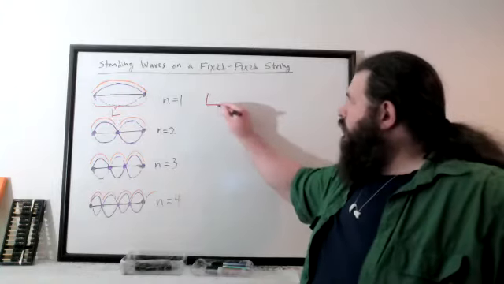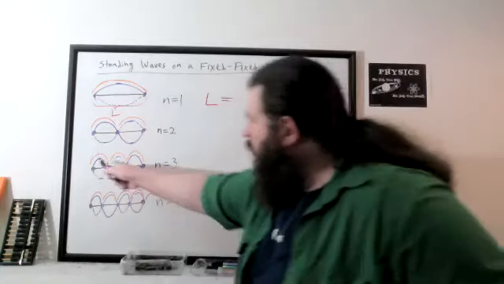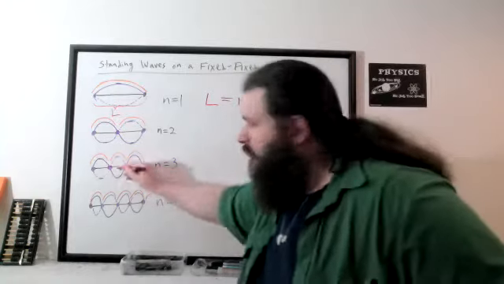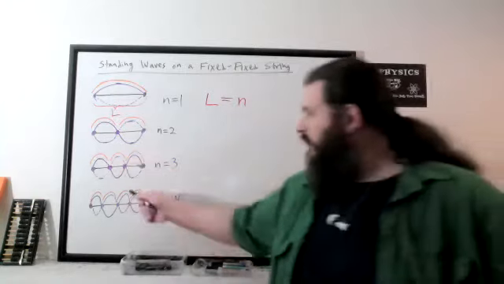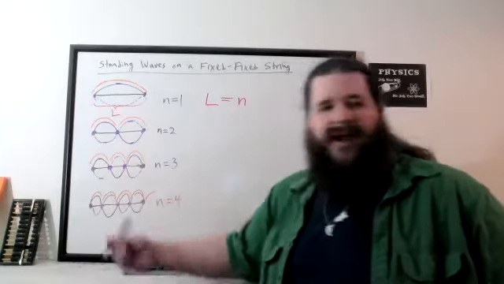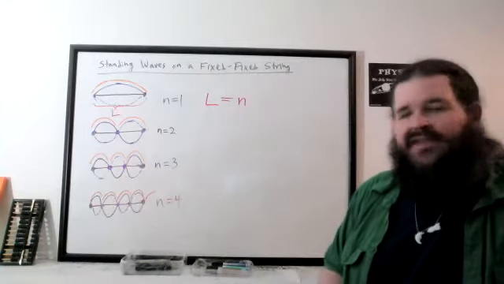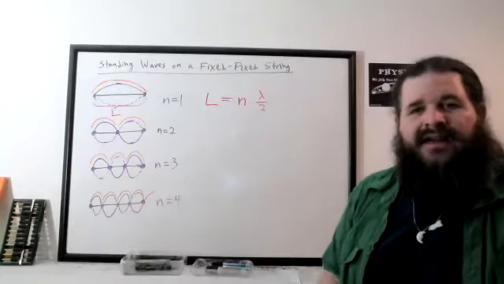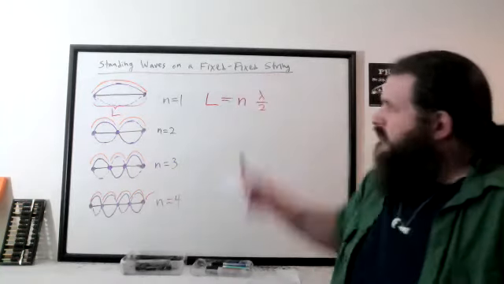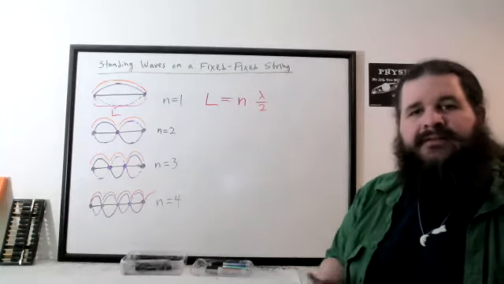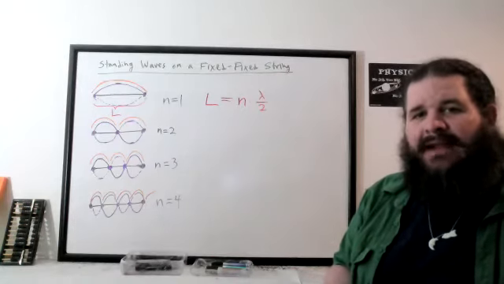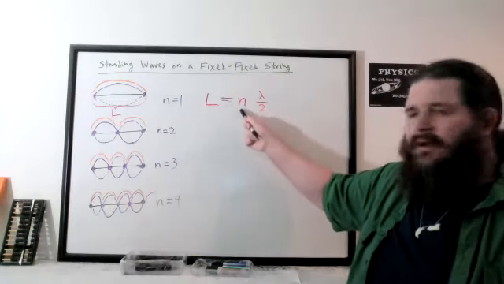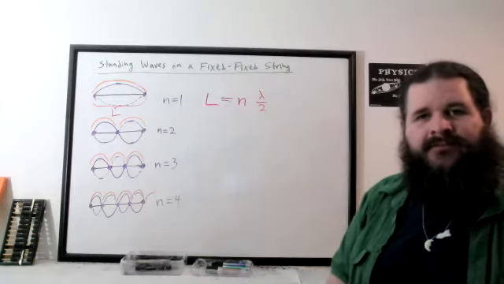The length of the string has to be a whole number, n, of half wavelengths. Because each of these intervals from node to node or from antinode to antinode is exactly half of a wavelength. So we can say that in general, for any fixed region or any free region, as long as the endpoints are the same type of point, the length of the string has to be a whole number of half wavelengths.